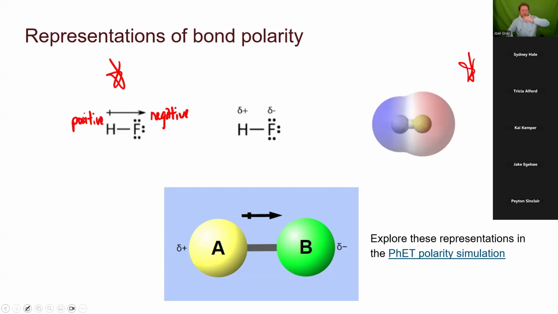I use the terms either region or area. We've got a positive region, we've got a negative region. So our more electronegative element is found near the more negative region. We've got this model right here.